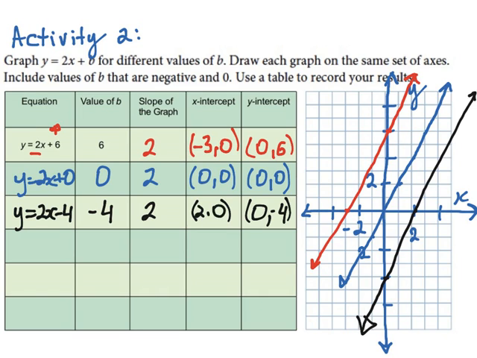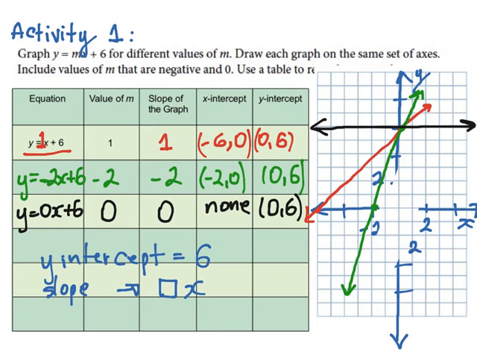Now I want to go back to our first activity because I believe there is one little mistake. Let's take a look at the green graph. It says the slope is -2x. That means the slope should be going down as we go from left to right.